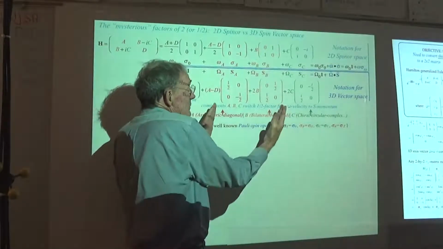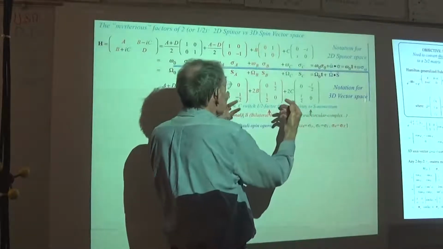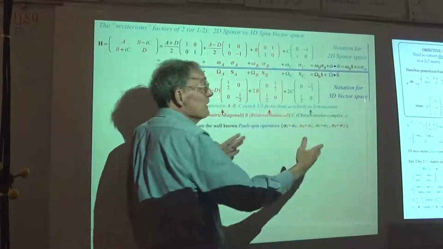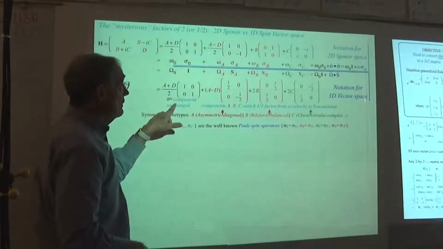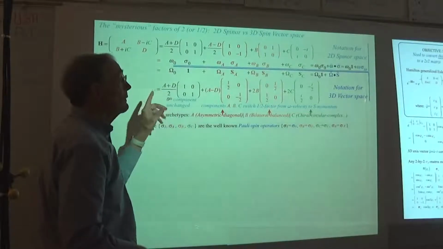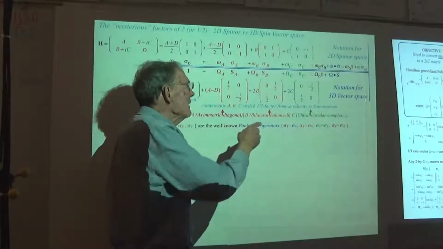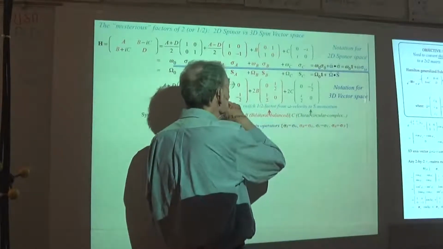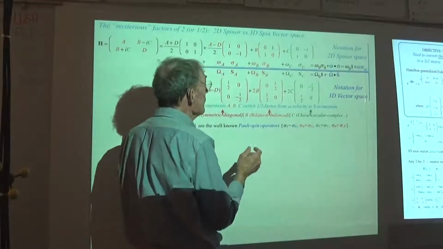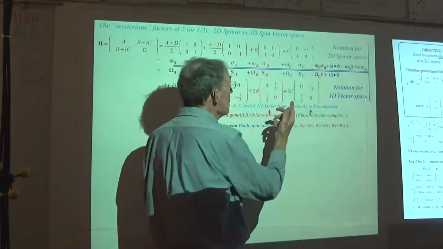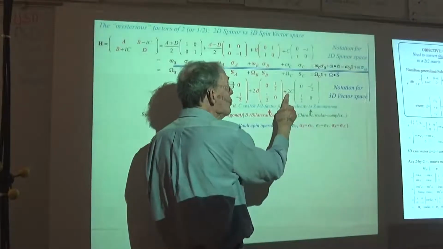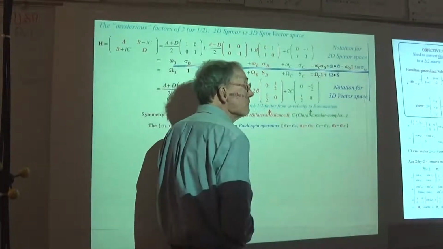But when it comes time to deal with the 3x3, these three components, and eventually this thing takes care of relativity too. Time is waiting right here, but we won't talk about that for a long time. Anyway, right now it's these three numbers, and I'm going to put a half on these guys and put a 2 on these guys so they're equal to this.